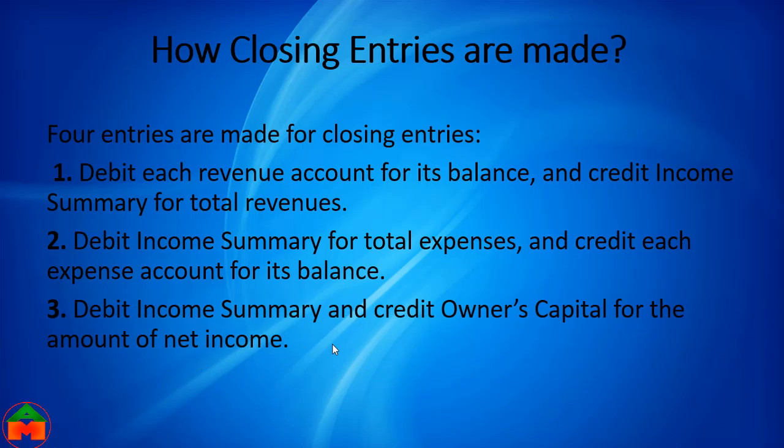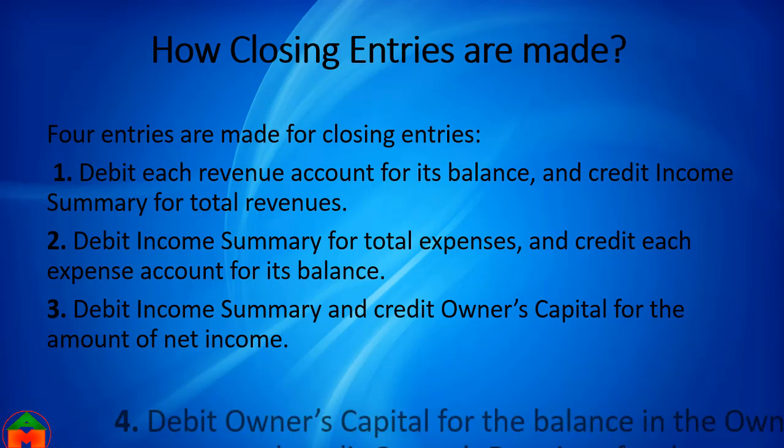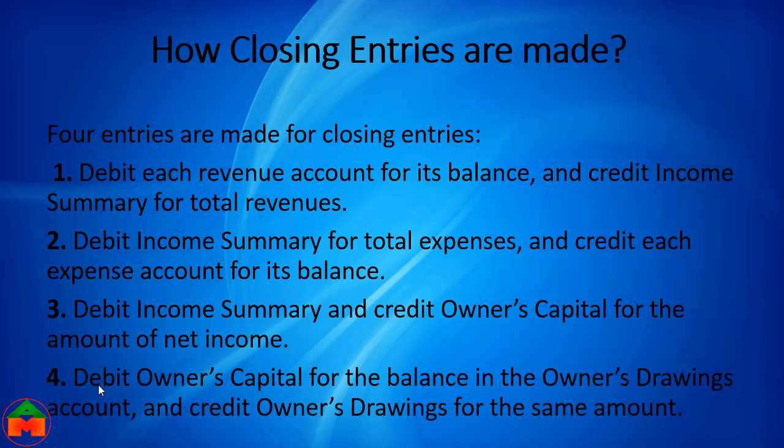Debit income summary and credit owner's capital for the amount of net income. Number 4 is debit owner's capital for the balance in the owner's drawing account and credit owner's drawing for the same amount.